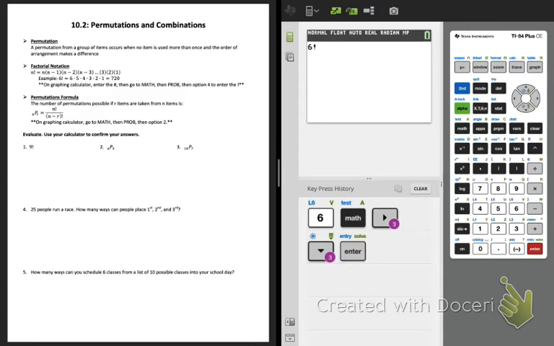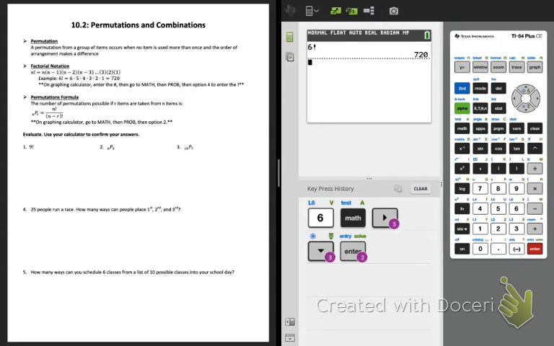So that's 6 factorial. Hit enter, boom, 720. It's a faster way than typing in 6 times 5 times 4 times 3, etc. Because obviously, if we start getting up into double digits, even triple digits, which your calculator would have a lot of trouble processing, it's a much faster way to do that sort of math. And you'll see as we go through this where that gets used.